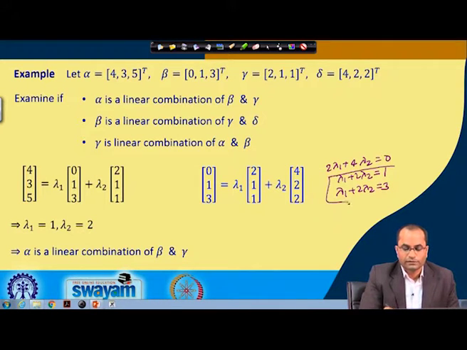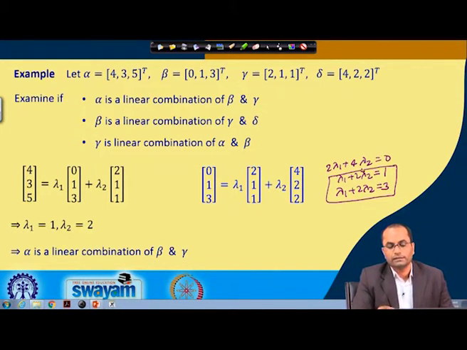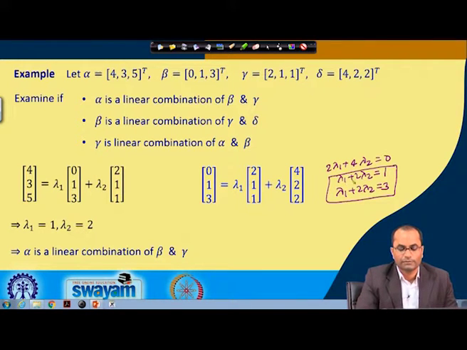So, equations 2 and 3 tell us that lambda 1 plus 2 lambda 2 is equal to 1 and lambda 1 plus 2 lambda 2 is equal to 3. Here there is an inconsistency, because lambda 1 plus 2 lambda 2 must be 1 by one equation, but 3 by the other. So, it is not possible to find such lambdas which satisfy these two equations.